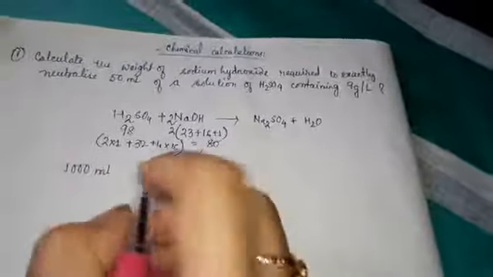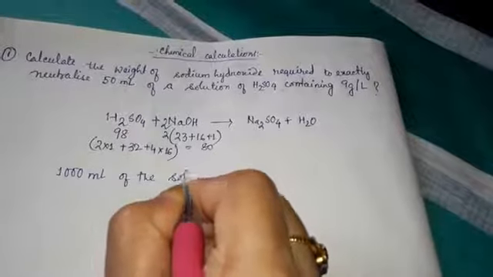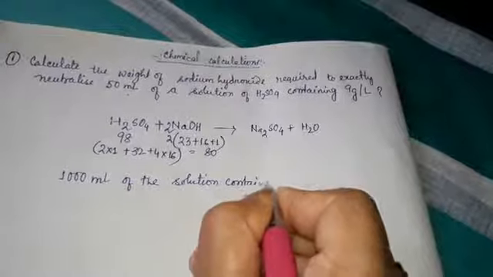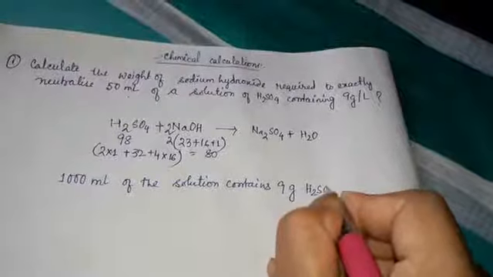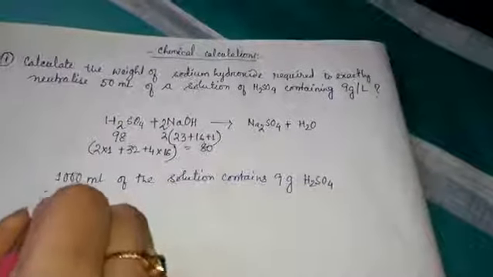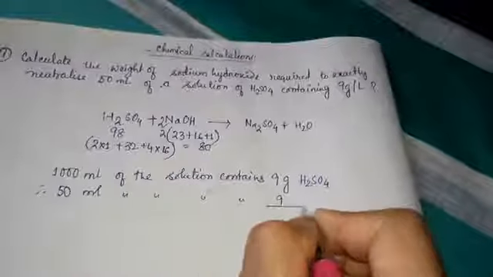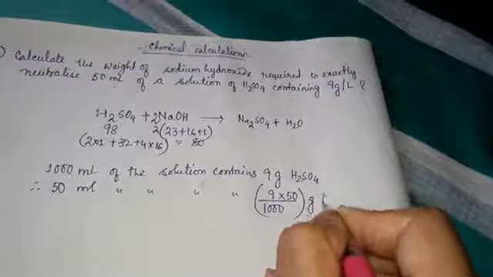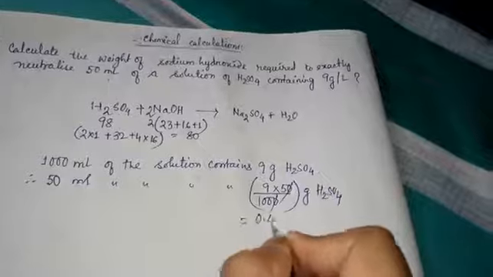So 1000 milliliter of the solution contains 9 gram H2SO4 or sulfuric acid. So 50 ml, which is mentioned in the question, contains how much? 9 divided by 1000 into 50 grams of H2SO4. That means how much? 0.45 gram of H2SO4.